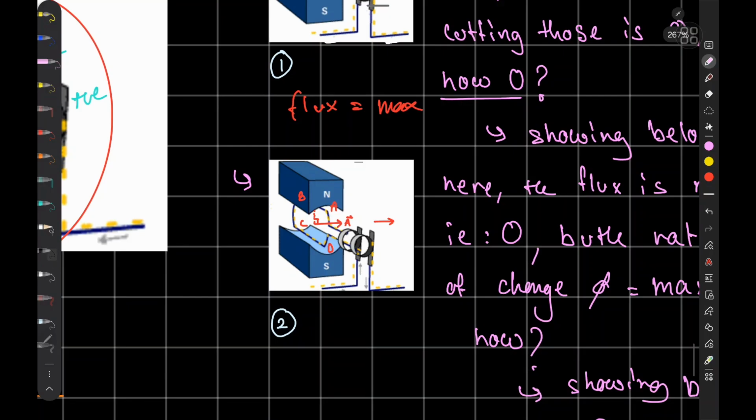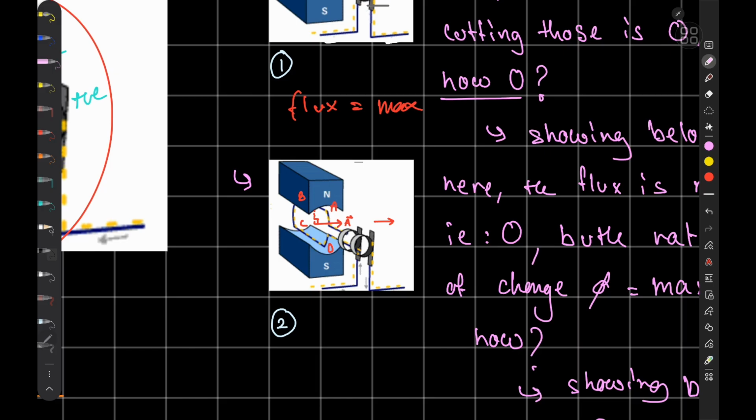And over here, as mentioned to you guys previously, this is where, instantaneously, in the next instant, the most change in flux happens per unit time, because it goes from 0 to a certain amount of flux through the area of the coil. That is, it is cutting a lot of field lines within that next instantaneous point, right?